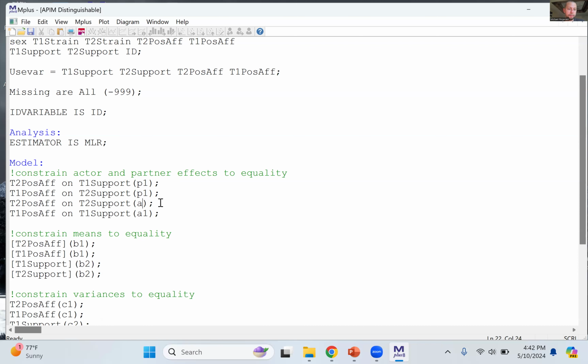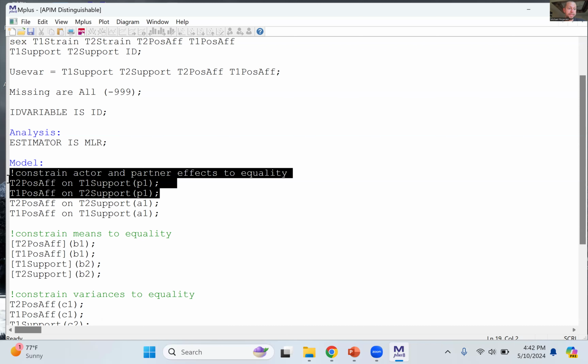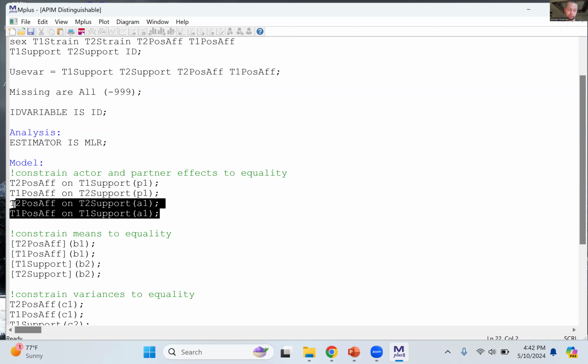And so what we're gonna do is constrain these partner effects to be equal. So twin one's influence on twin two is exactly the same as twin two's influence on twin one. Likewise, we're going to do the exact same thing with our actor effects, because again, if we're assigning them arbitrarily and randomly, we are fundamentally assuming that the effects are exactly the same.